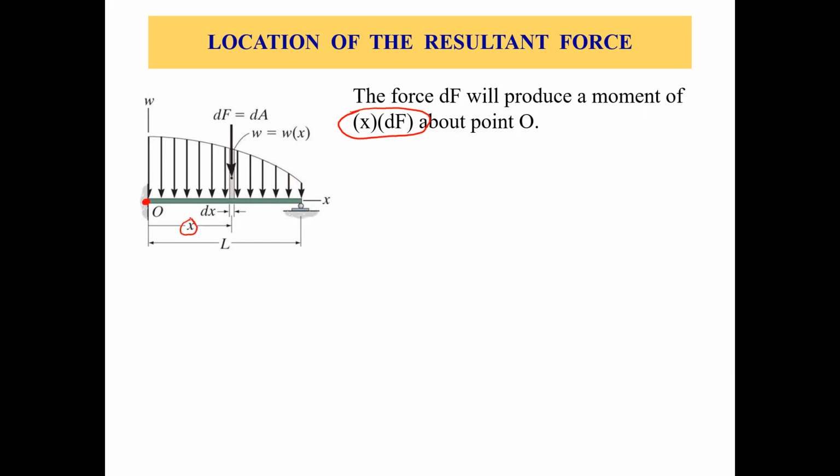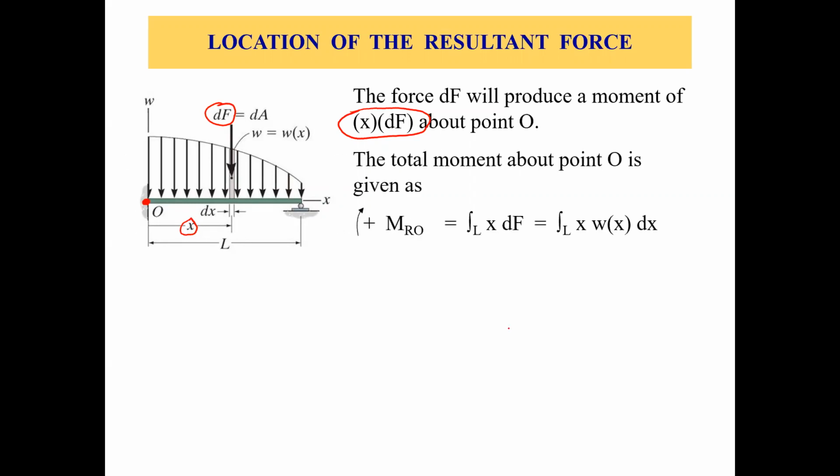Because x is the distance from point O to the element, and dF is the force. Now the total moment about point O, let's say MR, or resultant moment, is the integral of x times dF over the length. Put in the value of dF, we get the integral of x times w(x) times dx over the length. Okay.